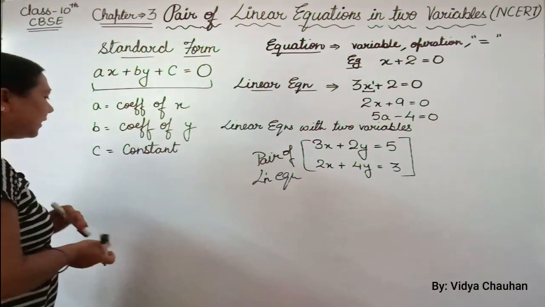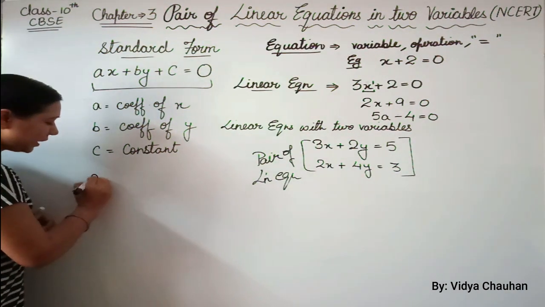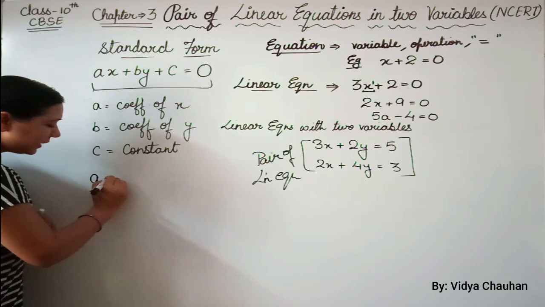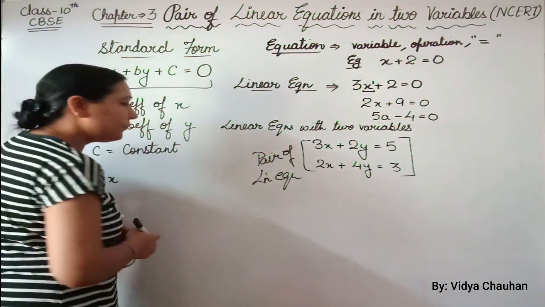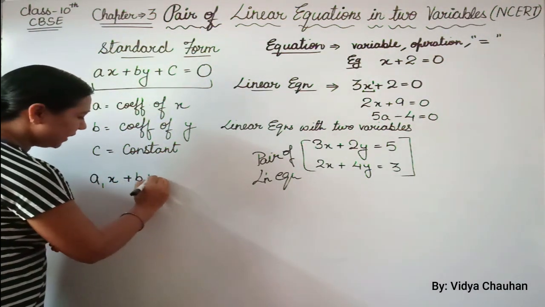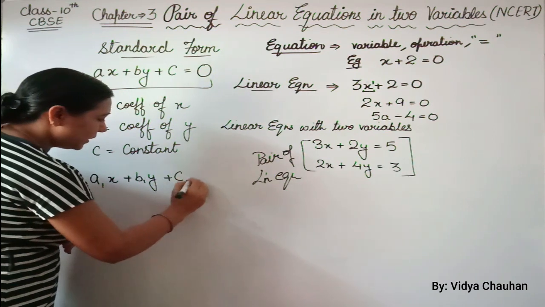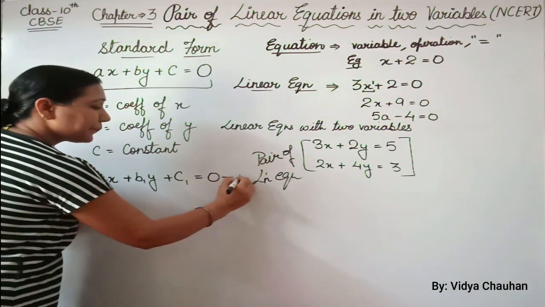In the same manner, if there is a pair of linear equations, that means if two equations are given to us, what will be the standard form for that? The standard form is a1x plus b1y plus c1 equals to 0. This will be our first equation.